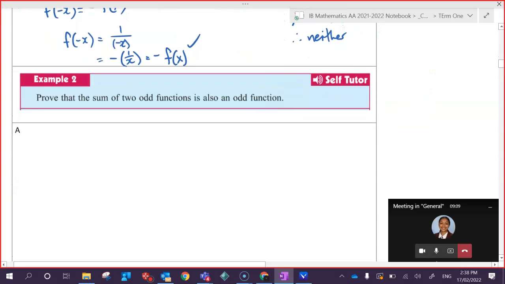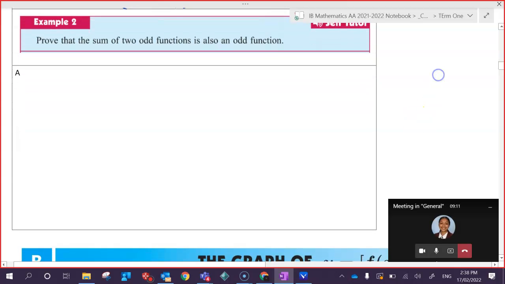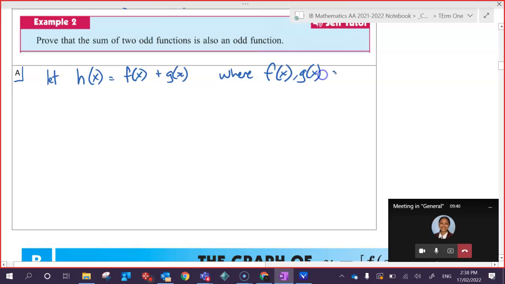Prove that the sum of two odd functions is also an odd function. Let h of x equal f of x plus g of x, where f of x, g of x are odd functions.